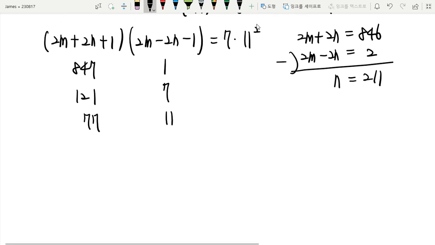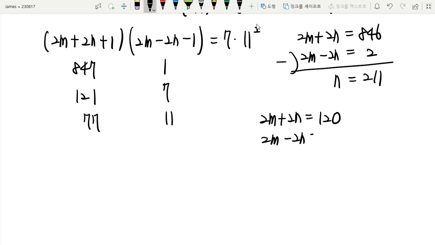And for the second case, the sum is 120 and the difference is 8. So the value of n is 28.